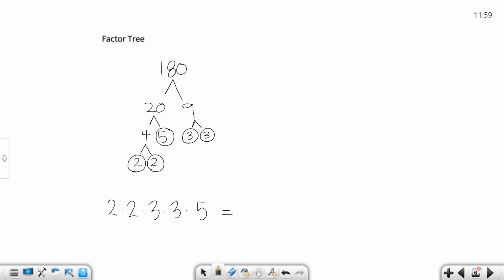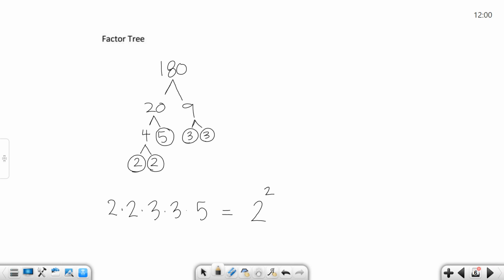So what you see here, 2 times 2 times 3 times 3 times 5, is the proper factorization. Your factor tree might look a little different in the body of the tree, but the answer for primes is going to be exactly the same regardless of which factor group you used. Now the way you want to write your answer is you don't write it all listed out. You're going to write it with exponents.